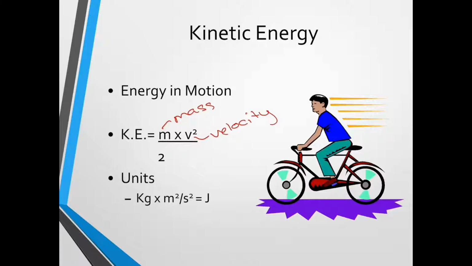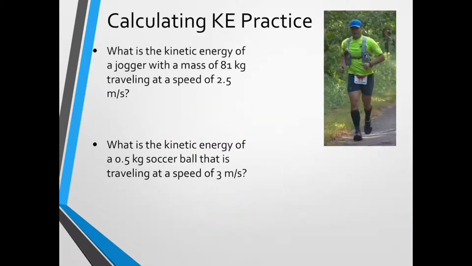And the units for kinetic energy are, like I said a few slides back, joules, which stand for kilograms times meters squared divided by seconds squared. But the easiest thing for you to write is joules.